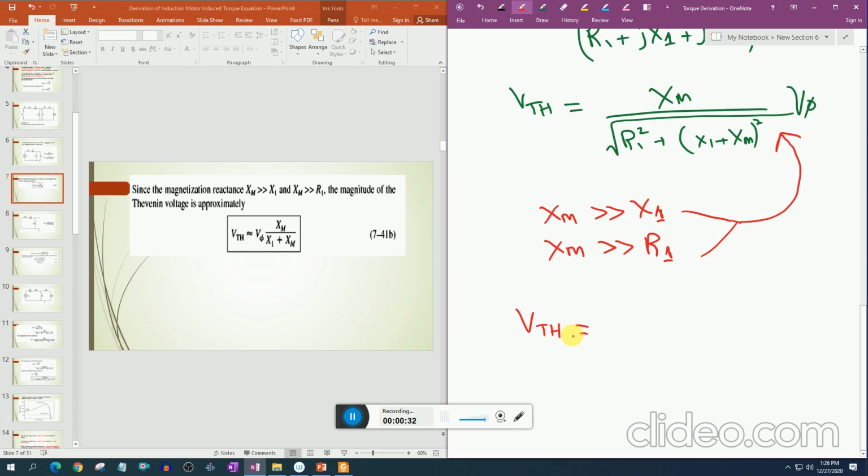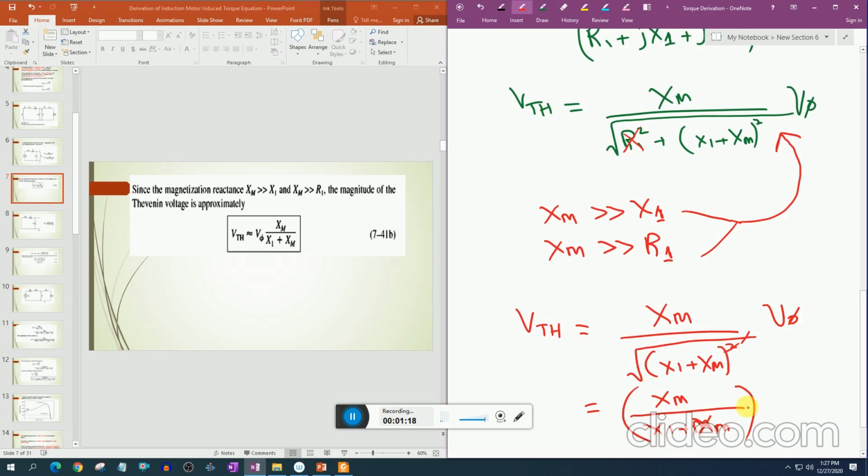Xm is very high compared to R1, and the value of R1 is very small, so R1 can be ignored and the result becomes Xm divided by X1 plus Xm, into V phase, so the V Thevenin magnitude is Xm over (X1 plus Xm) into V phase.